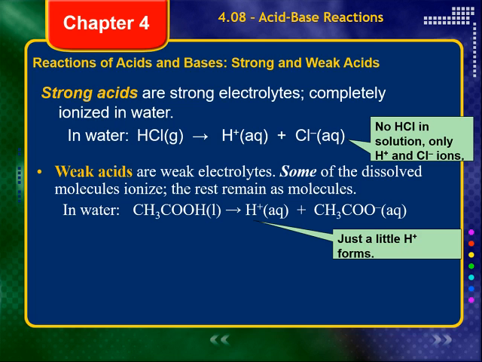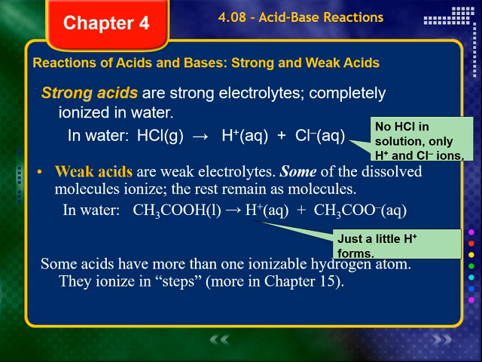So in that solution, I'm going to have a few H+, a few of these acetate anions, the CH3COO- there, the acetate ion. But I'm also going to have in solution a lot of the acetic acid, that whole molecule there, the CH3COOH. I'm going to have a lot of that still there.